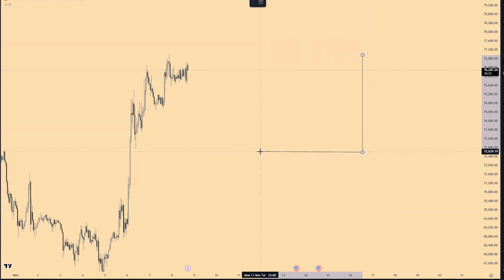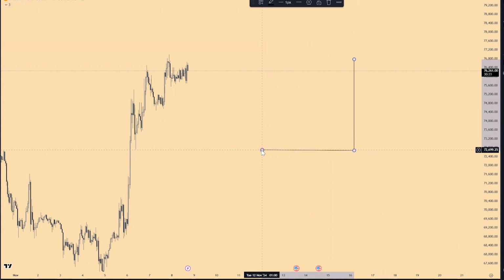Price against time. Sorry. Let me delete this. We have a chart of what? Price against what? Against time. This is the graph we have.